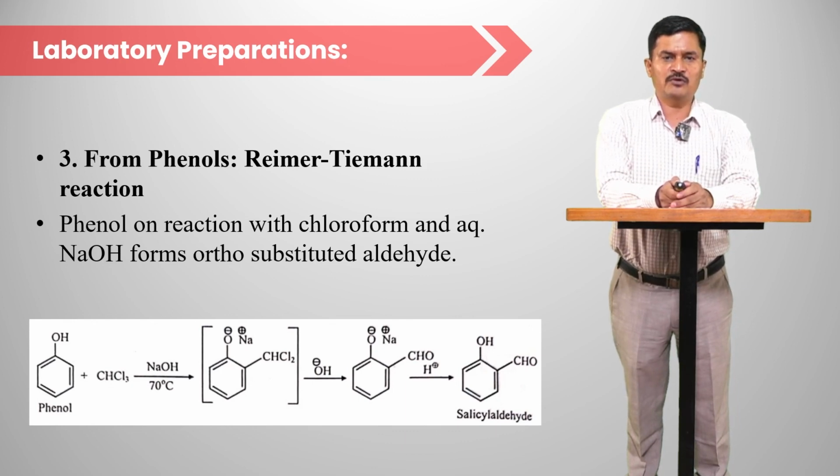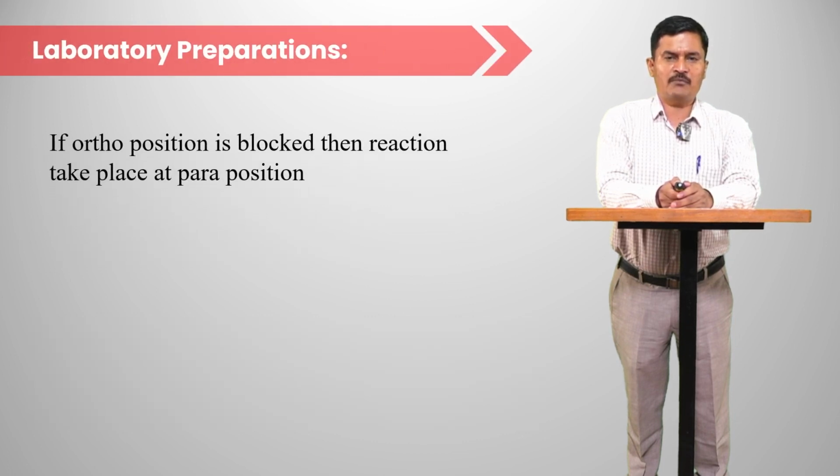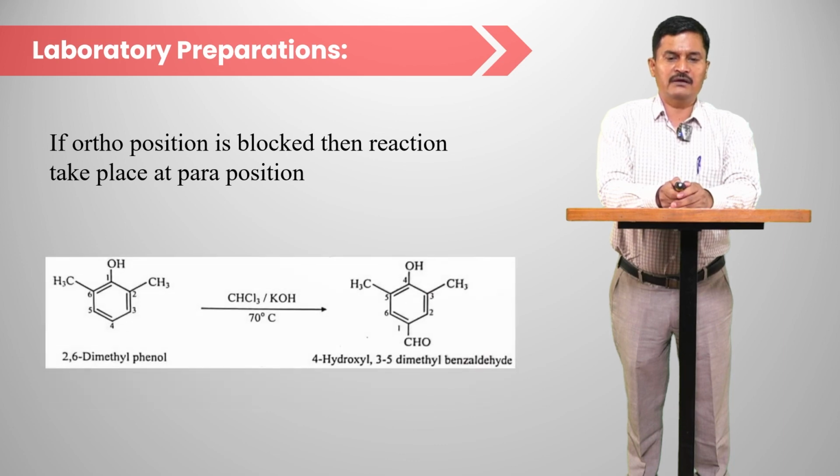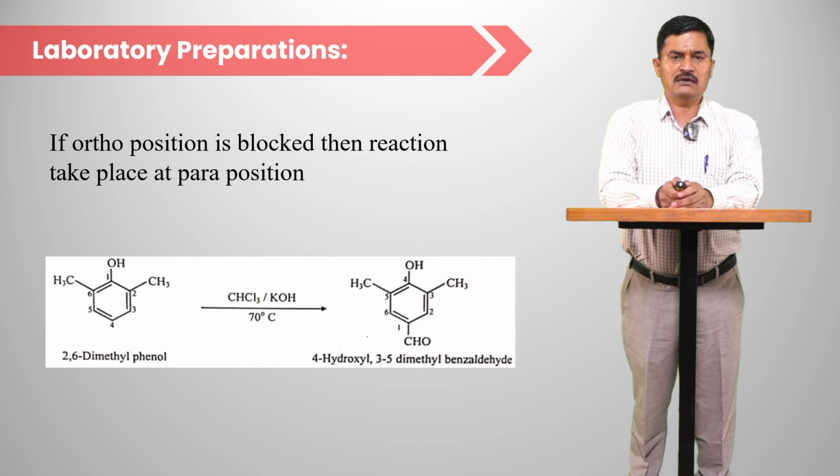So this reaction is useful for the introduction of an aldehyde group ortho to the OH group. If both ortho positions are blocked, then the reaction takes place at the para position, because the OH group is ortho-para directing.